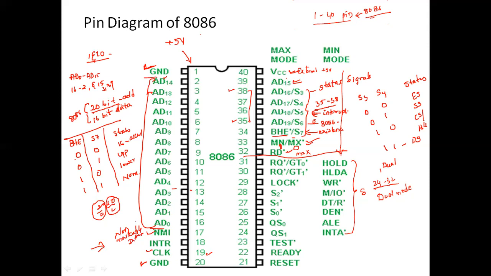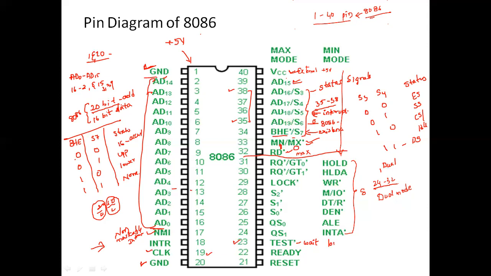Coming to pin number 23, this side. Pin number 23 is TEST. This pin basically shows the wait instruction. Whenever a low signal occurs at this pin, the processing inside the processor continues.